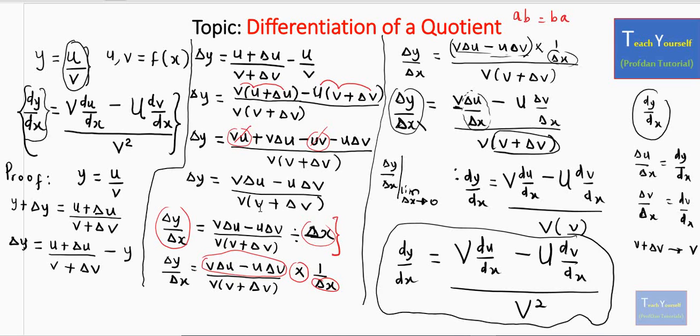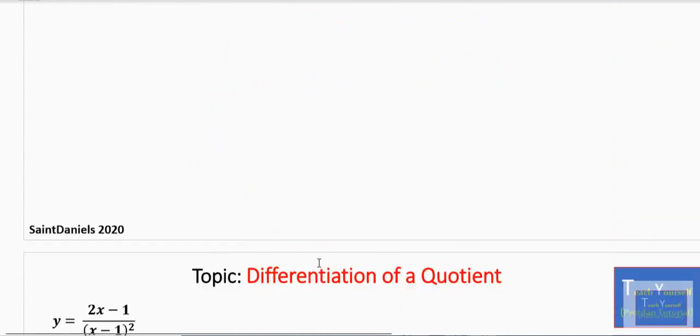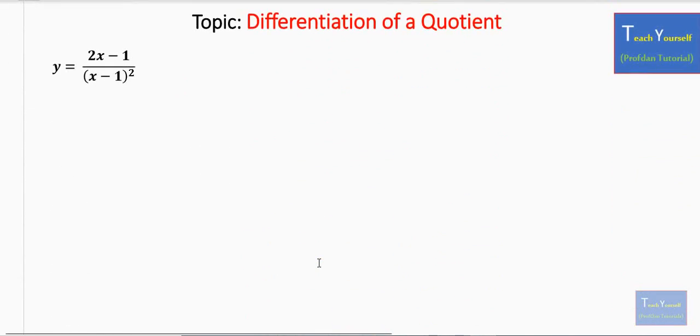Alright guys, so quickly we're going to look at just one example for better understanding. So we have this question, y equals (2x minus 1) all over (x minus 1) all squared, and we are asked to differentiate this, that is, look for dy/dx. Of course you can't use the product rule. You look at the best method to use, and this is quotient because it looks like the form y equals u over v, in fractional form.